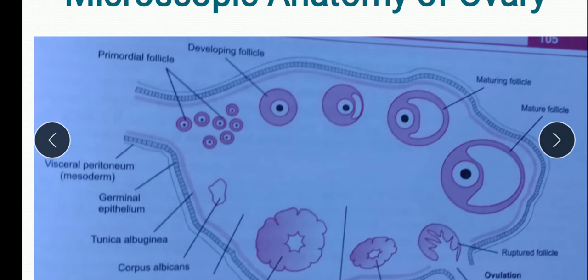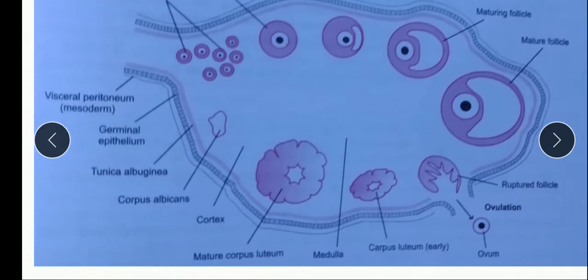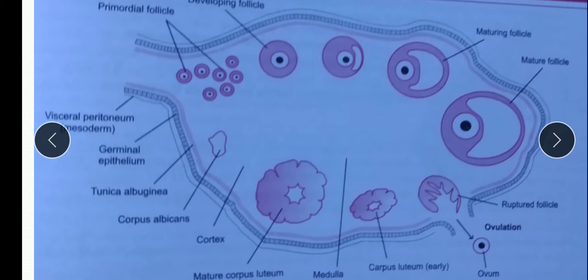Now after ovulation, what happens? When ovulation takes place, the ovum is released, and the remaining part of the Graafian follicle develops into an important structure, an endocrine gland, known as the corpus luteum.